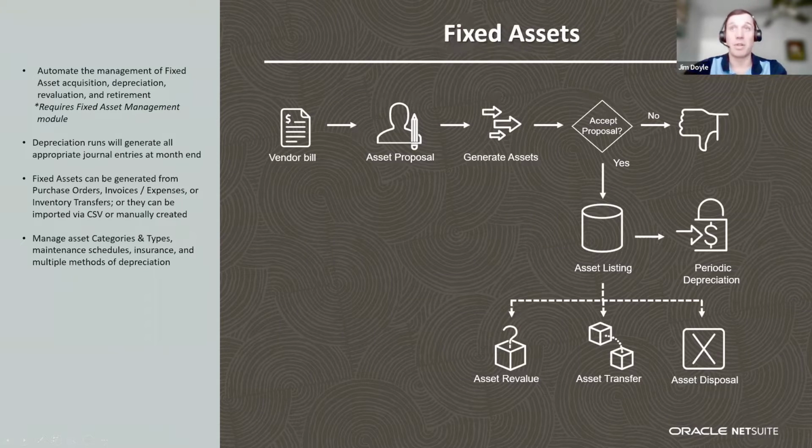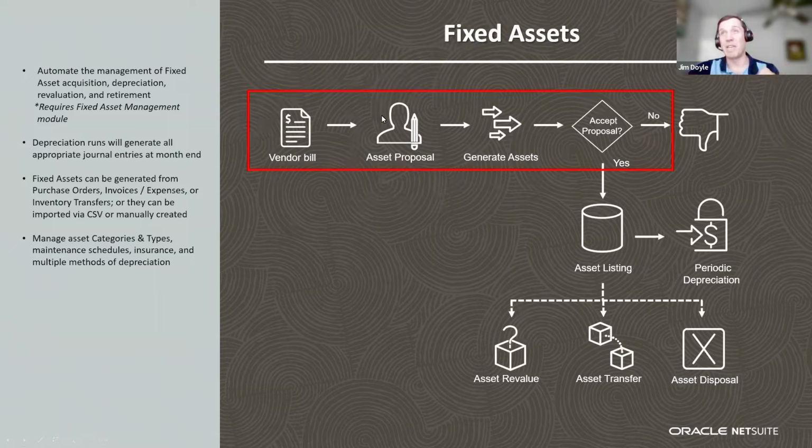This slide outlines the leading practices for managing these asset life cycles. So starting from the beginning, assets can be created manually or imported, or they can be triggered by a NetSuite transaction, such as a purchase order, item receipt, vendor bills. I think there's 6 or 7 transactions that can trigger an asset proposal.